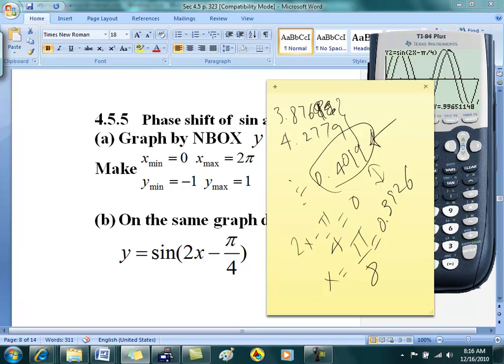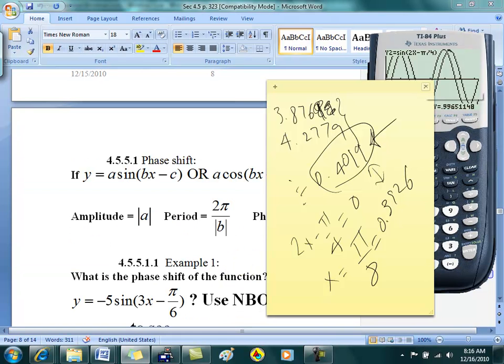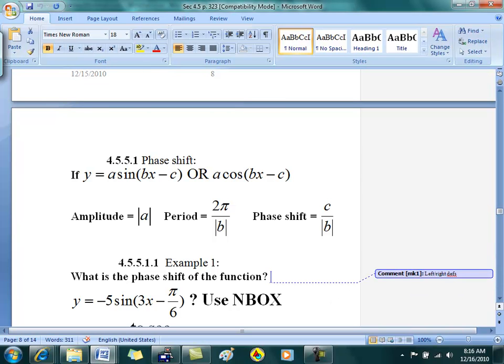Find the max. Exactly. Find the max on the other graph, store those values in your calculator, and then do the difference. So that's one way of doing it. But the other way is to plug and chug in a formula.